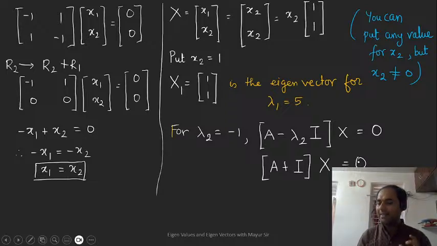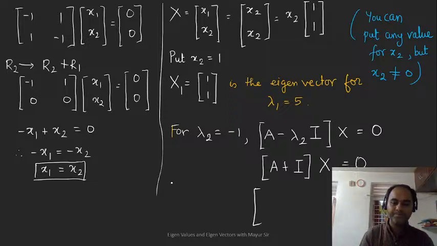It means in the diagonal elements you have to add 1. The matrix that we had has 1 and 3 on the diagonal, so 1 plus 1 is 2, and 3 plus 1 is 4.